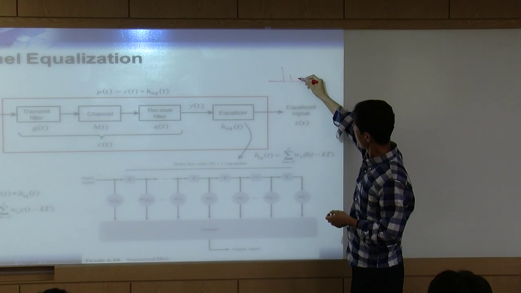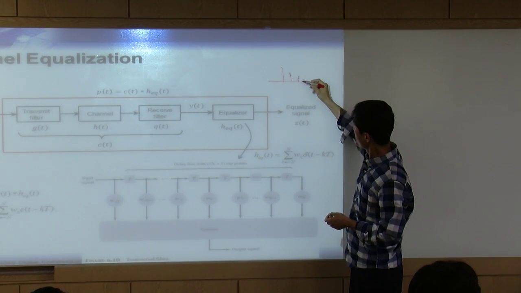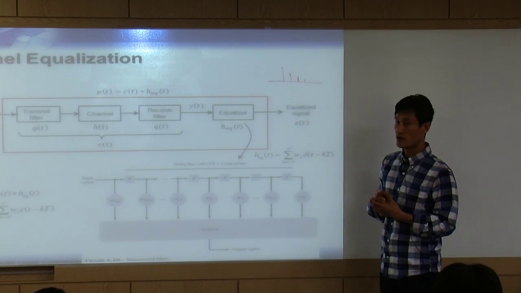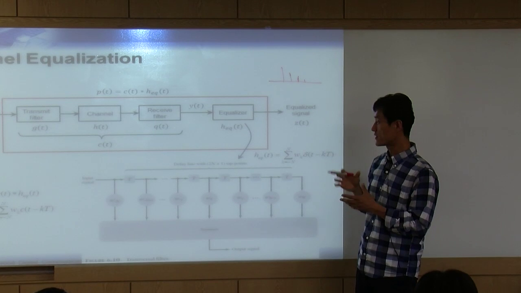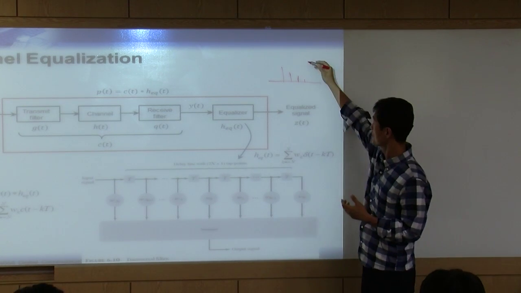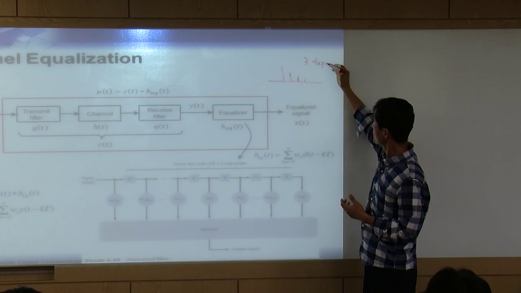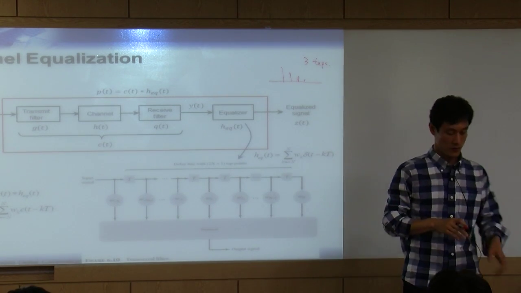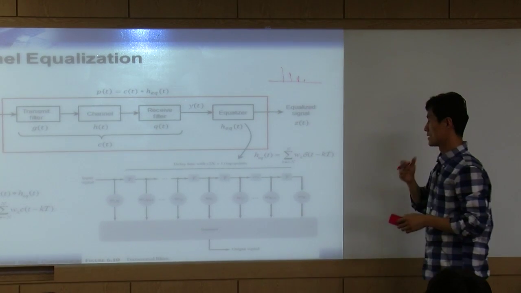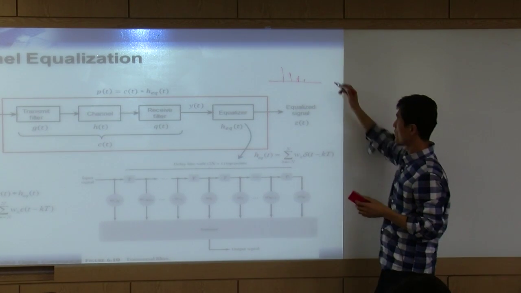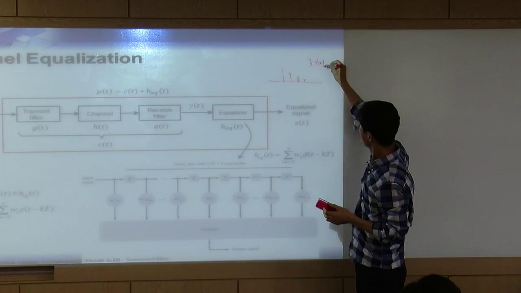This is the block diagram picture of the equalizer or filter. You can also draw an impulse response type of the filter. In this case, let's say we have 3 taps, or actually 4 taps. It can be 3 taps or 4 taps, but let's say 3 taps.